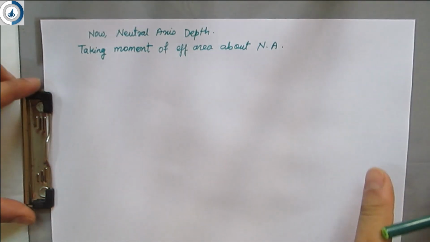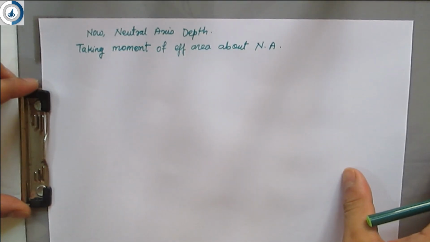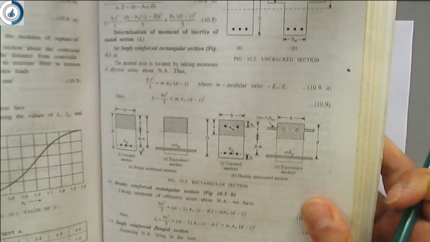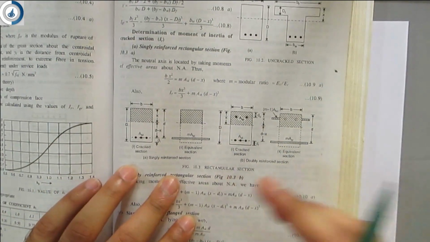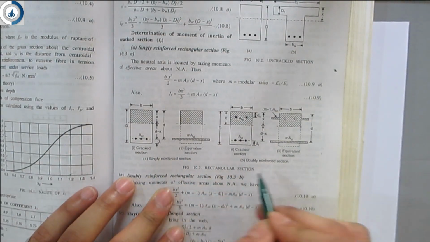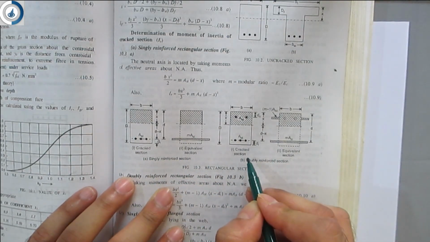So this is a little bit confusing to remember, so that's why I will show you the picture. Okay, so this is how it comes out here. So this is the cracked section, equivalent section. This is for the singly reinforced section and this is for the doubly reinforced section.